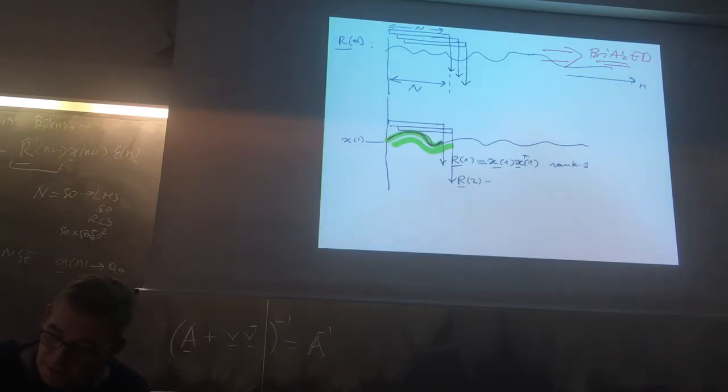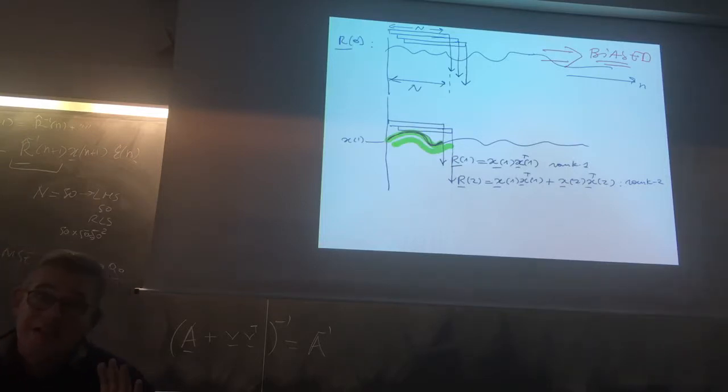So R2 is equal to X1, X1 transpose plus x2, x2 transpose. But this one is rank 2. Actually, if the sequence is the same, it might be rank 1.